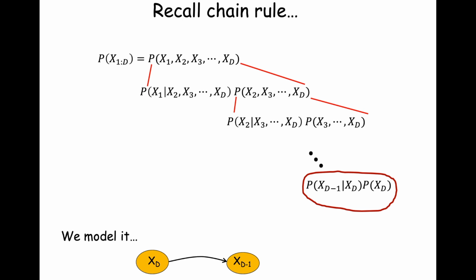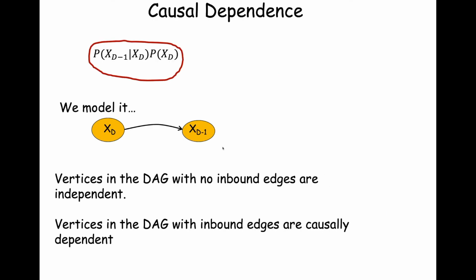And so that means that xd minus 1 is causally dependent on xd. Knowing something about xd, our condition variable, tells you information about xd minus 1. And so we're going to draw such a graph fragment for every single factor that involves a condition. So we'd model it thusly. We'd say xd causes or influences xd minus 1.